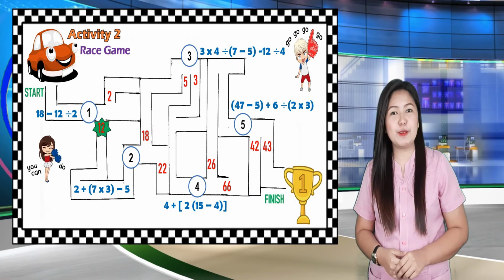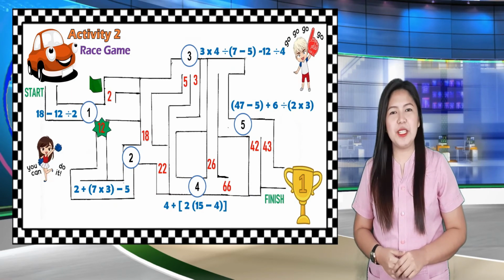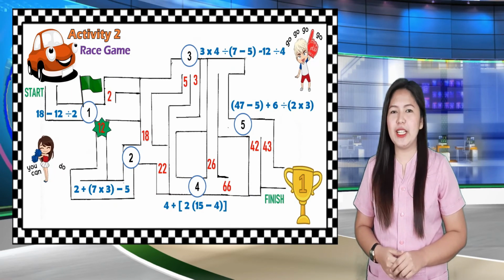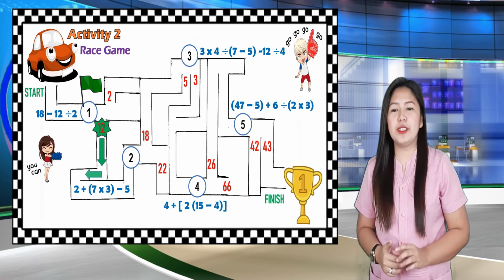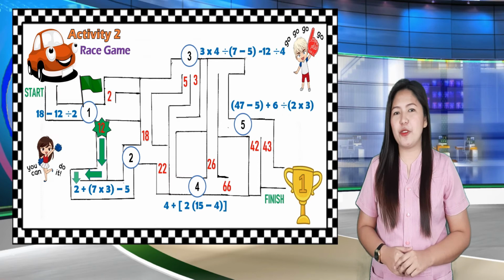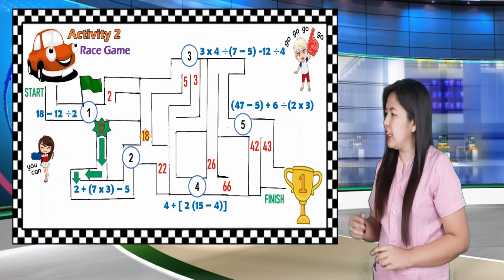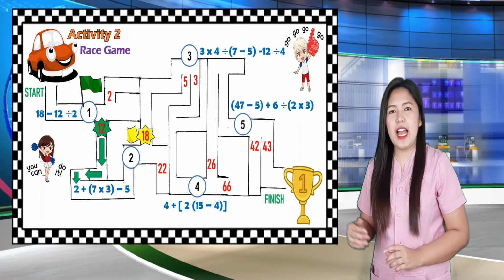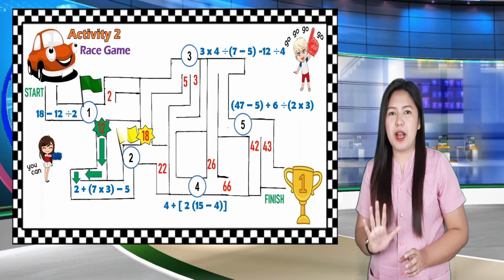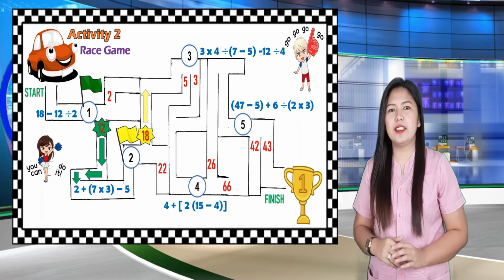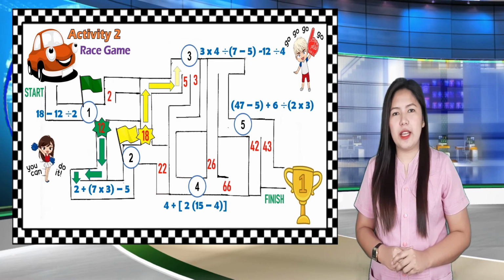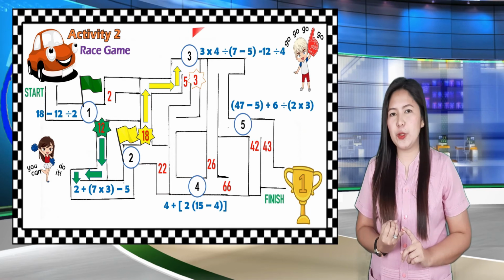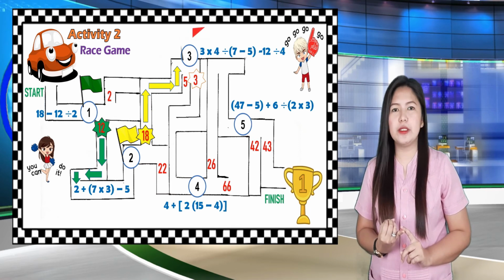Gusto nyo bang maglaro? Para sa ating activity number 2, magkakaroon tayo ng race game. So, choose the correct path to reach the finish line. Bago nyo ma-reach ang finish line, kailangan nyo munang sagutin ang 5 expressions. Bibigyan ko kayo ng oras sa bawat expression. Number 1, 10 segundo.